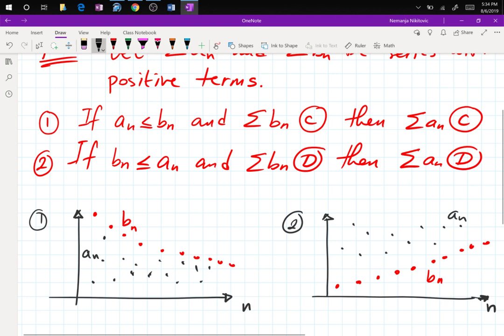So that's what those mean, those up there. So when you have a series you can't solve, you say, all right, let me try and find a smaller series that would converge, or a larger series that would converge.